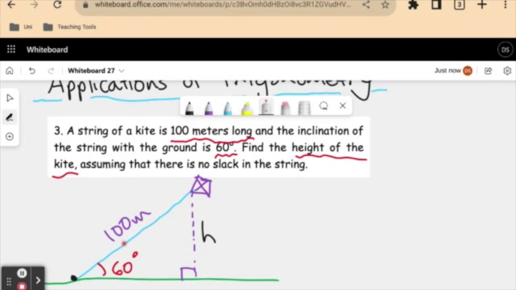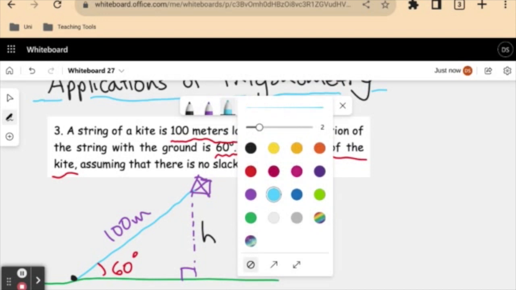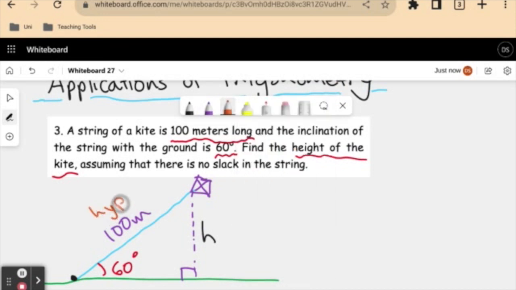My 100 meters here, my string of the kite, and there is no slack in the string, which essentially means it's held in place completely straight. This is opposite to my right angle, so this side is going to become my hypotenuse.